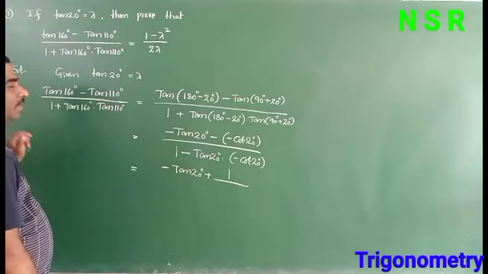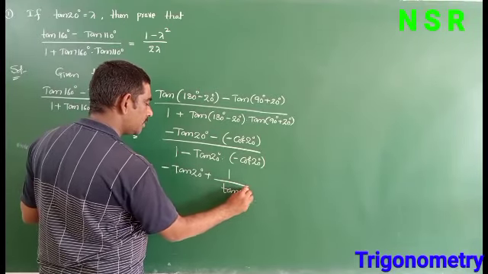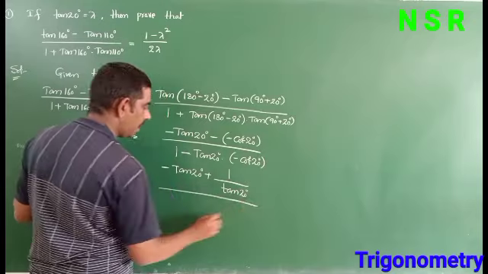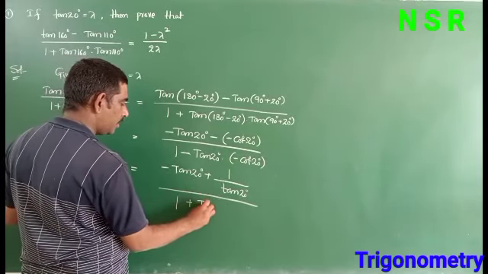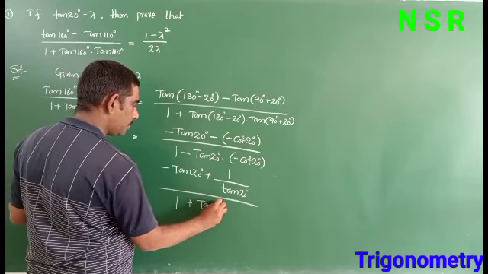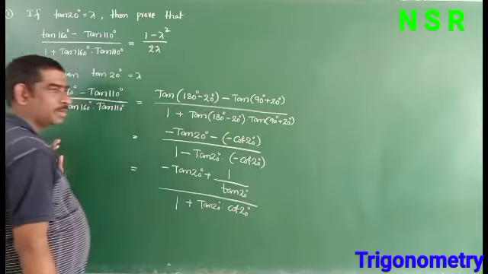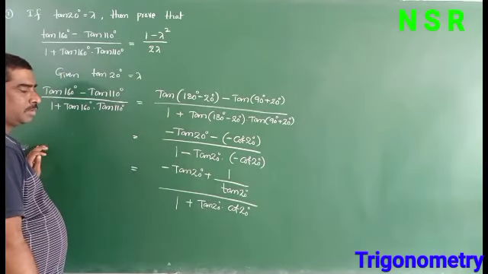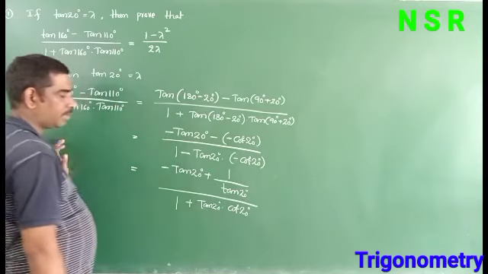Because we have the tan 20 value, so cot we can write as 1 by tan. That is 1 by tan 20.